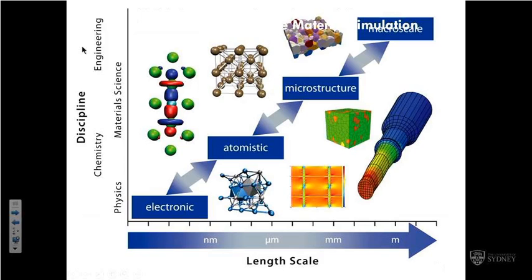Okay, people talk today a lot about multi-scale modelling, right? This kind of picture typically is shown here. You have the electronic structure, what we have been dealing with, right down here in terms of atoms, the electronic structure, the atomic positions, and so on. And this is largely the domain of physics, I guess, down on the scale of nanometers, even angstroms, right? Over here we have engineering, materials science, and chemistry.